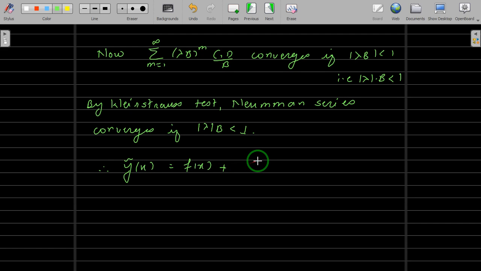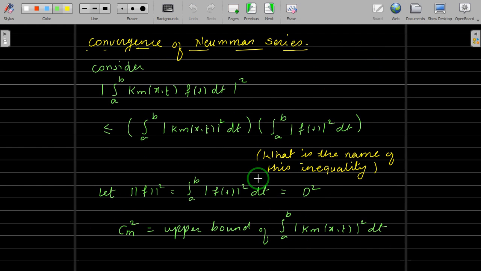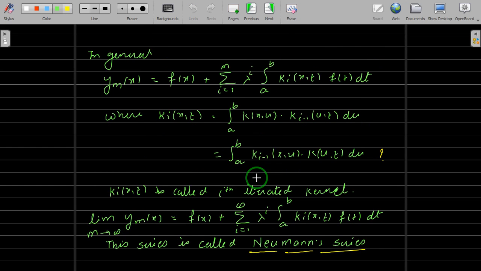I will take one lambda out, so lambda, then we will take this integral a to b. We can interchange. I have to check now the Neumann series. If this series is not convergent, then we cannot interchange this. Or in short, you find out the conditions wherein this infinite series and this integral can be interchanged.